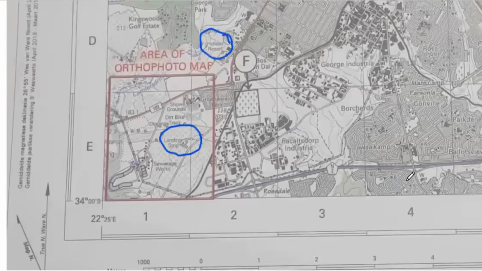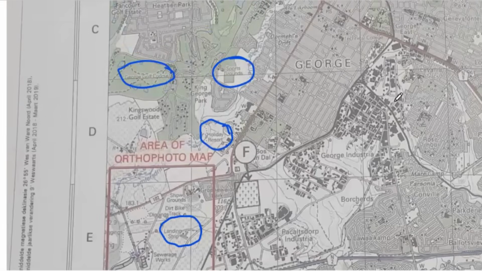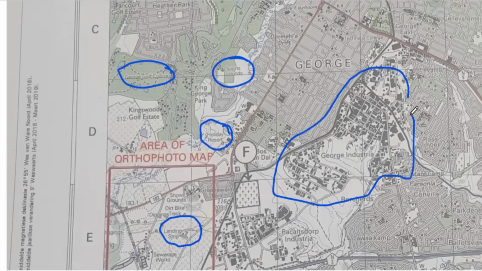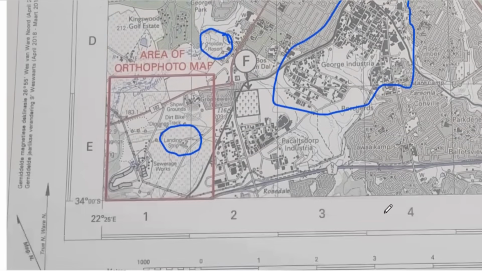Right, the area of industries is George Industria, this area here. What factors are promoting the development of industries? We can talk of transport routes. The transport routes are a favoring factor to industrial development.